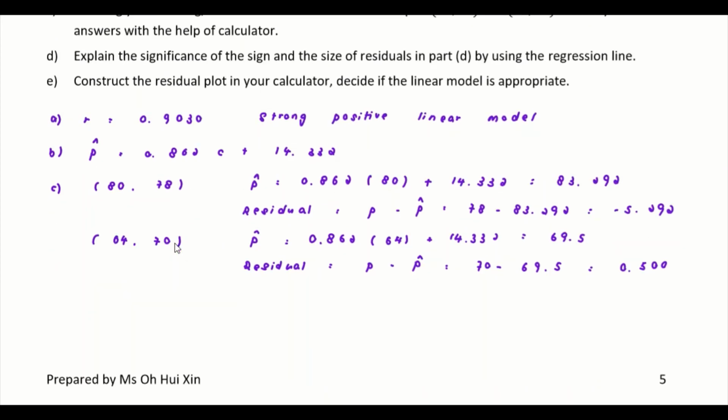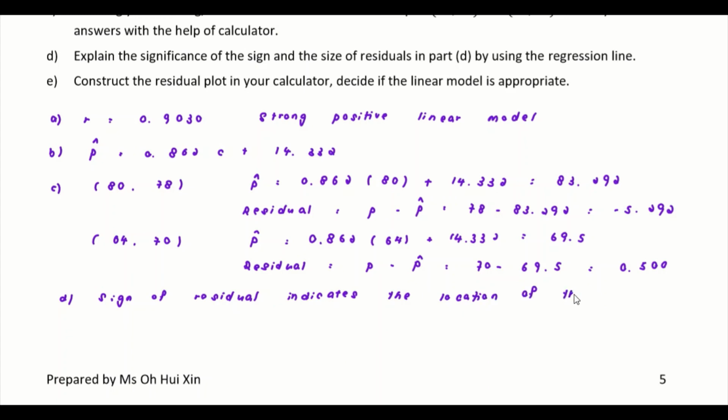Part D: explain the significance of the sign and the size of the residual in part D by using the regression line. Which means that we need to look at these 2 points. What is indicated by negative and positive by using the regression line? The sign of the residual indicates the location of the data point, meaning whether it's above the line or below the line.